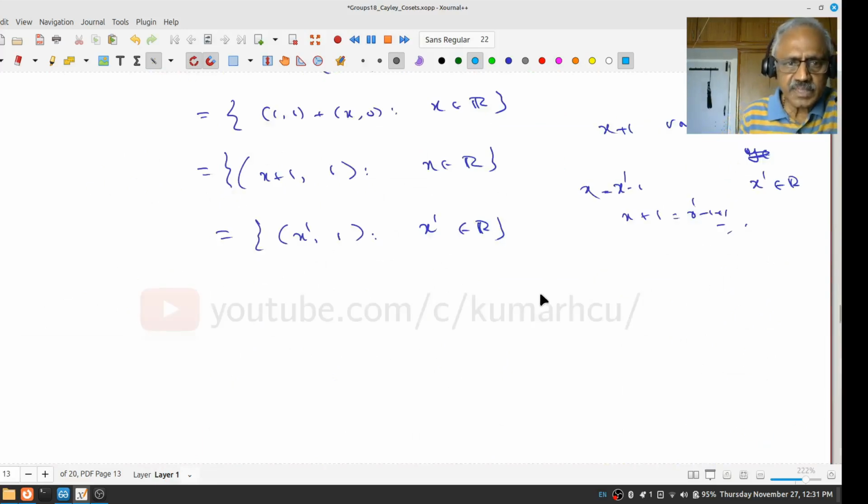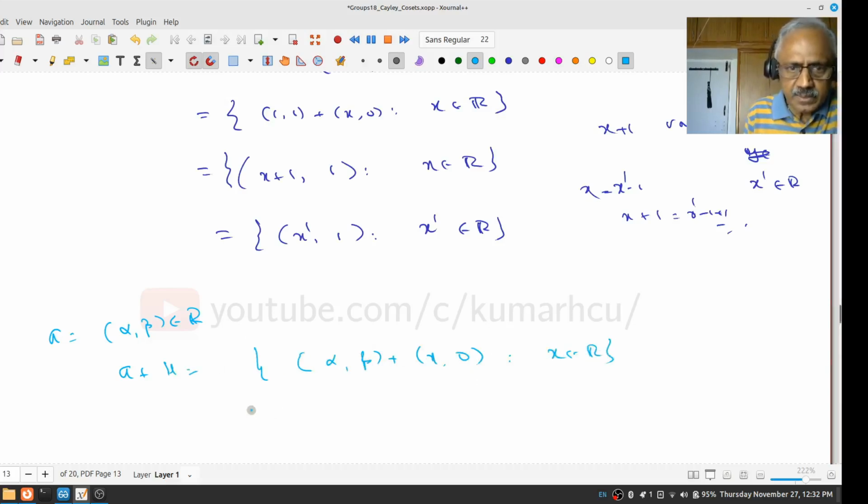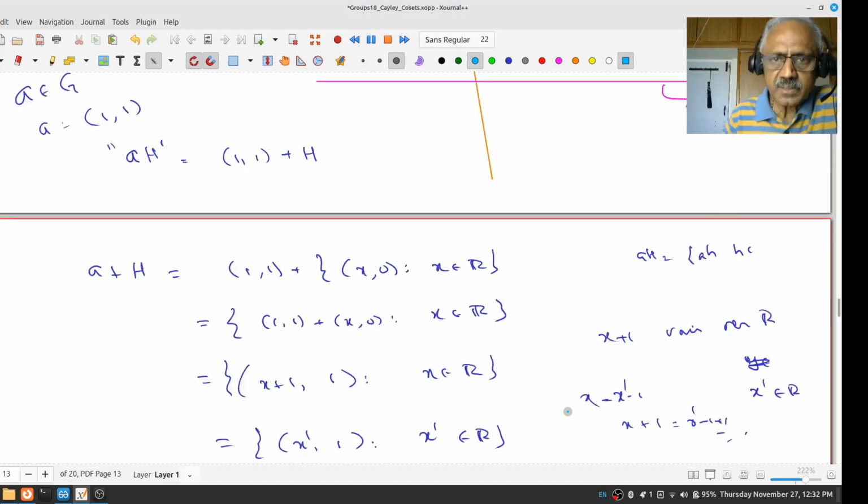So, more generally, suppose I take a point A, call it (alpha, beta) in R2, right? Then what will be A plus H? That will be (alpha, beta) plus (x, 0) as x varies over R. This is the same as (x dash, beta) where x dash varies over R. Therefore, it is this.